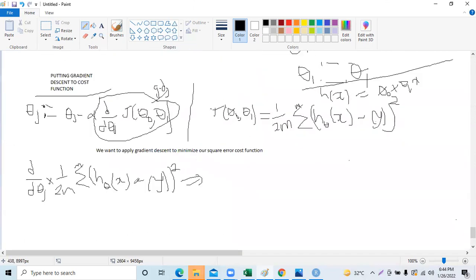So we're going to insert this into h of x now. So our formula is going to be d theta j times 1 over 2m into a summation of (theta 0 plus theta 1 x) minus y, all squared.